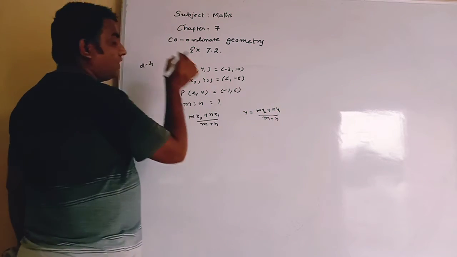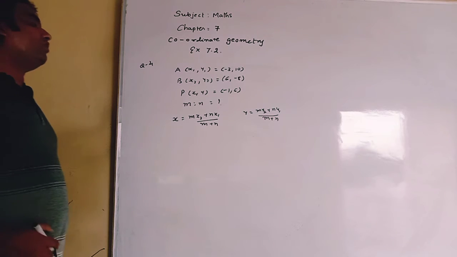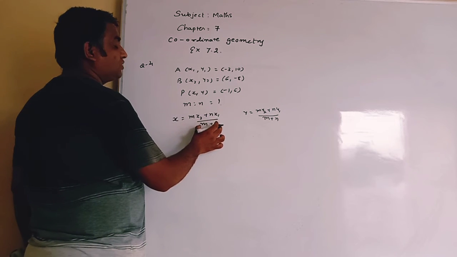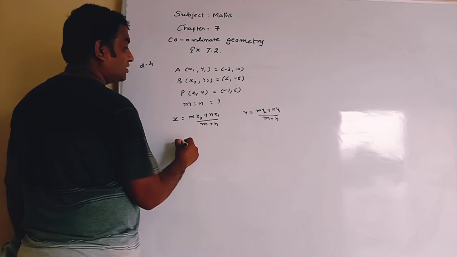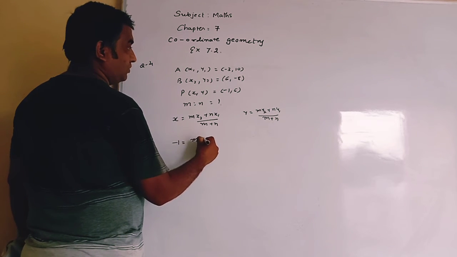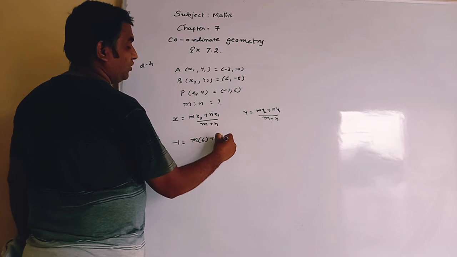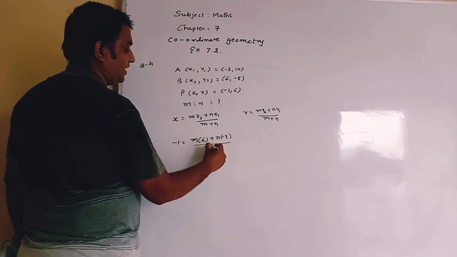Here both the coordinates are known, so any one coordinate you can use to find the m is to n ratio. So we take the x coordinate: minus 1 equals (m into 6 plus n into minus 3) by (m plus n).